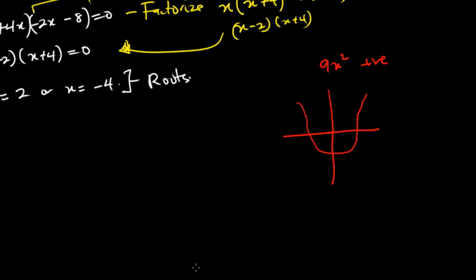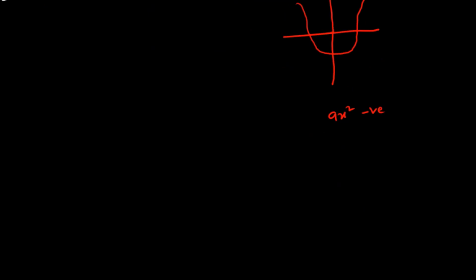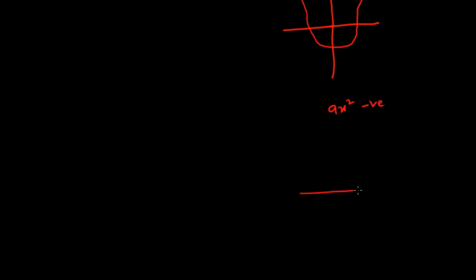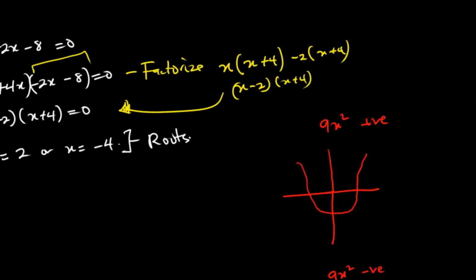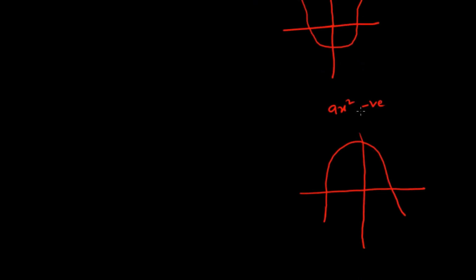And if you have the coefficient of x squared to be negative, we have an n-like parabola, something of this nature. So take note: in a quadratic expression, whenever we have a positive coefficient of x squared, we have a graph of this nature, and if we have a negative coefficient of x squared, we have a graph of this nature.